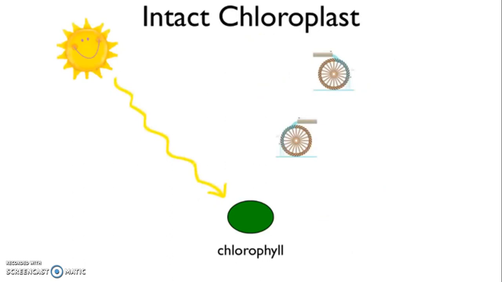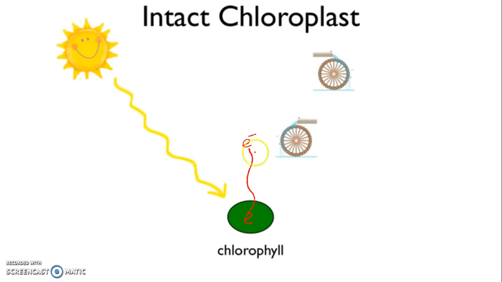Now let's extract a chlorophyll molecule and shine light on it. The electron in the chlorophyll molecule is going to absorb this light, get excited, and go to an upper state, which is also called the excited state.